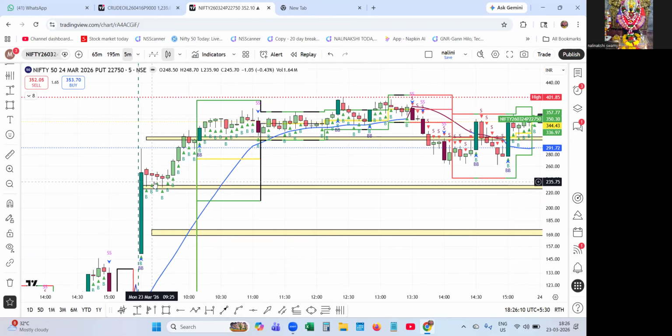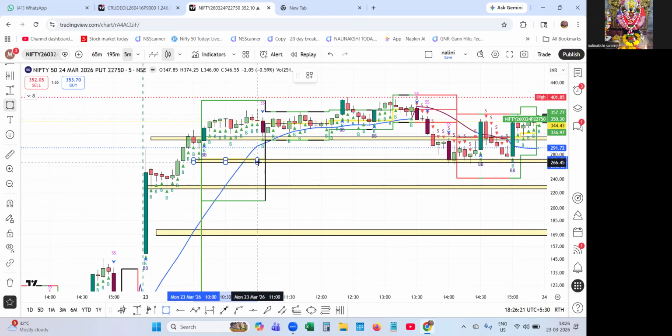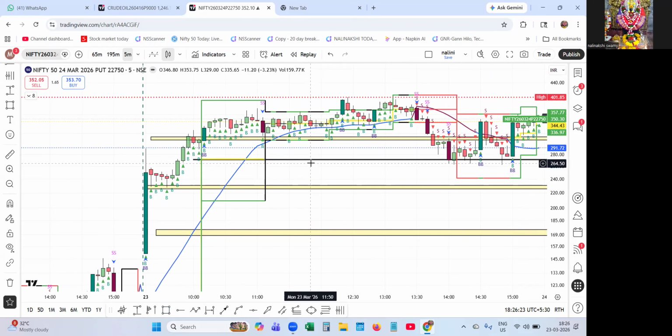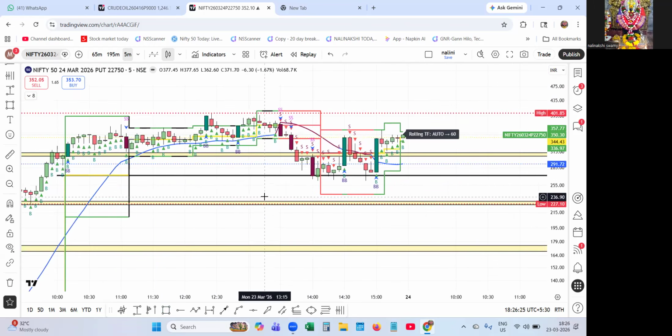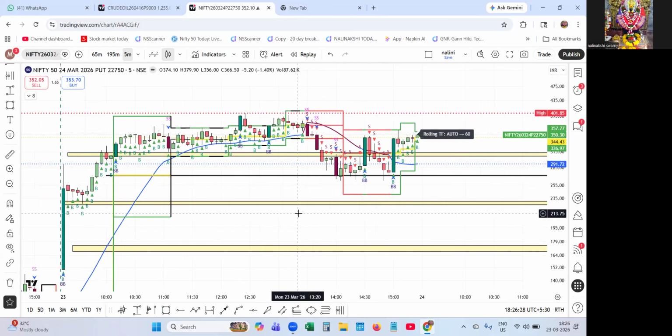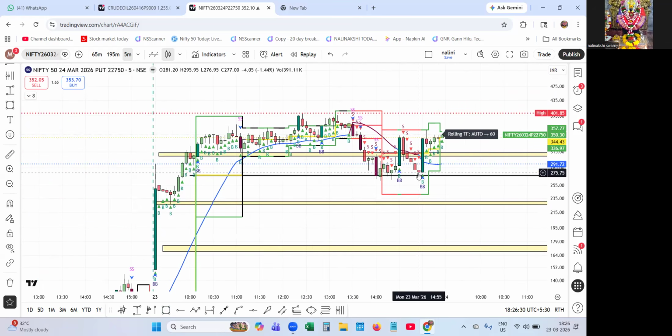This is the pivot and you can take the trade, even considering the pivot is increasing after 15 minutes. Keeping this as a guideline, even last minute scalping could have been done. From 277 it closed around 352. That's how you can take the trade.